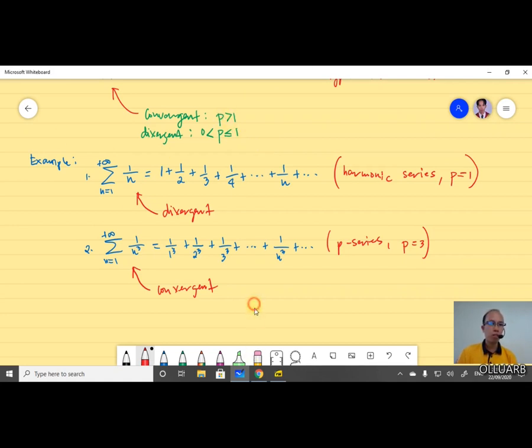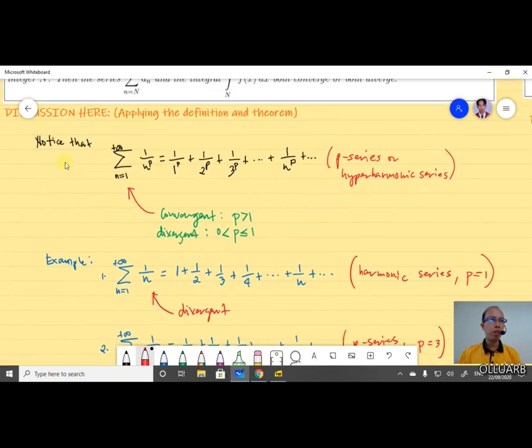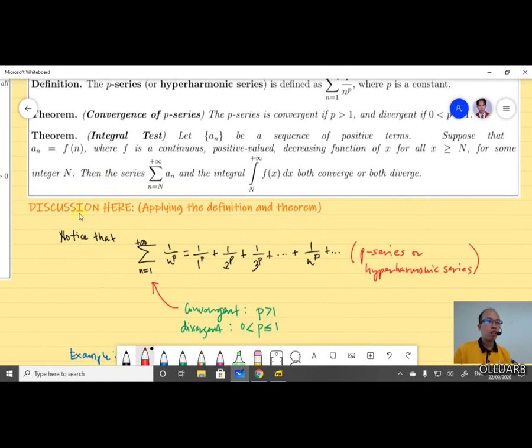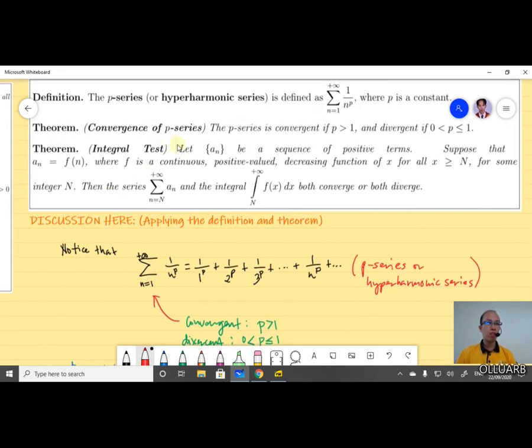That's how you are going to use the theorem and the definition. For our main topic, which is the integral test, look at the theorem: you are given a sequence of positive terms.